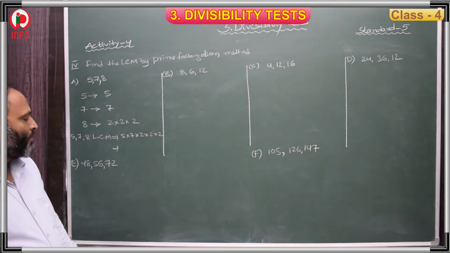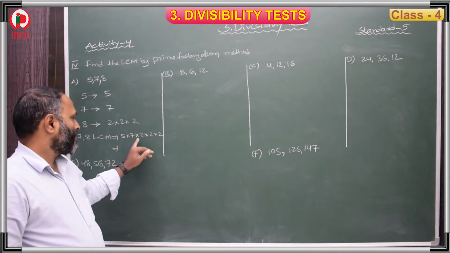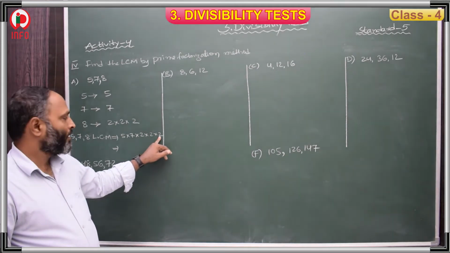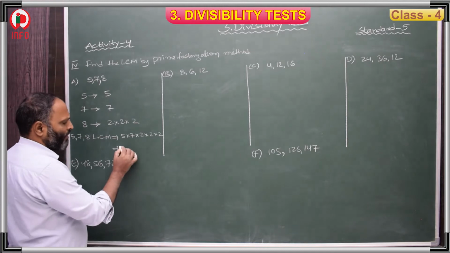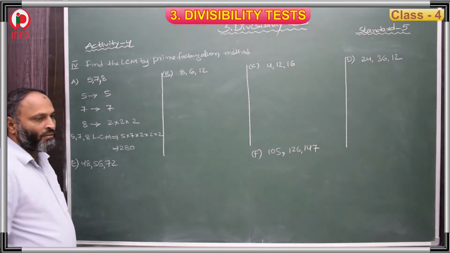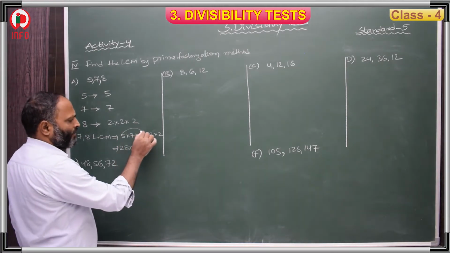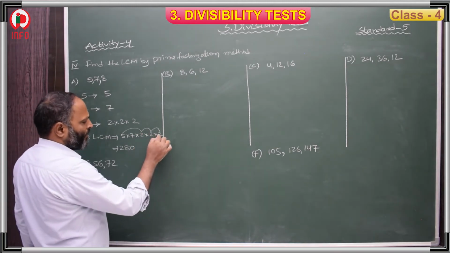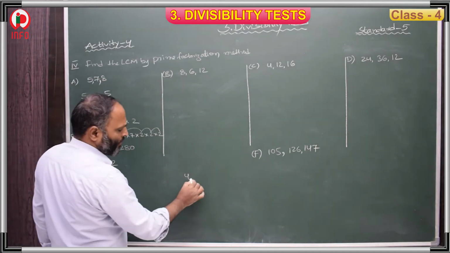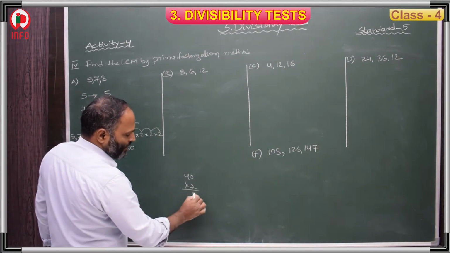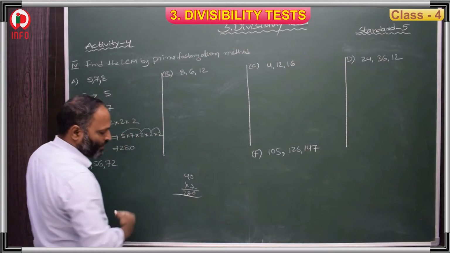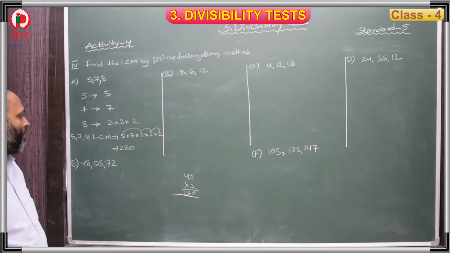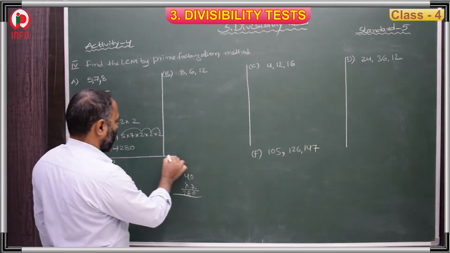Multiply in the easiest way: 5 2s are 10, 10 2s are 20, 20 2s are 40, 40 7s are 280. This is our LCM. Why? Because nothing is common in all the 3.